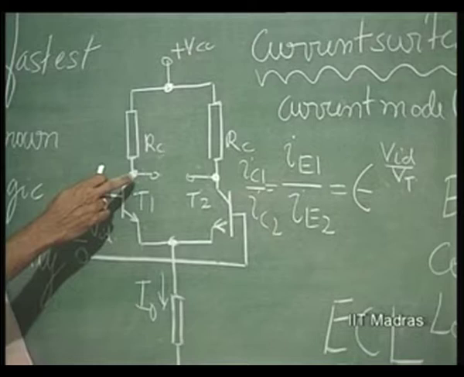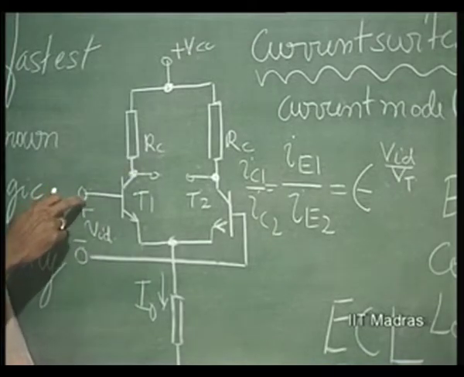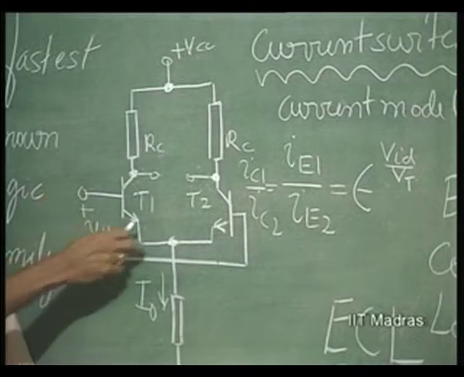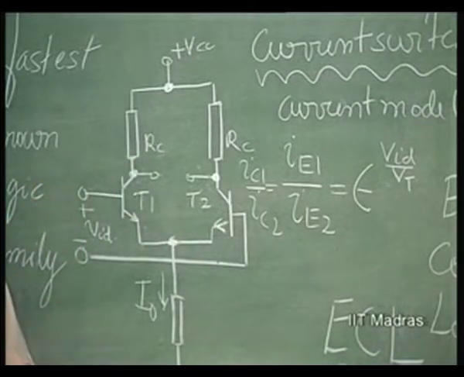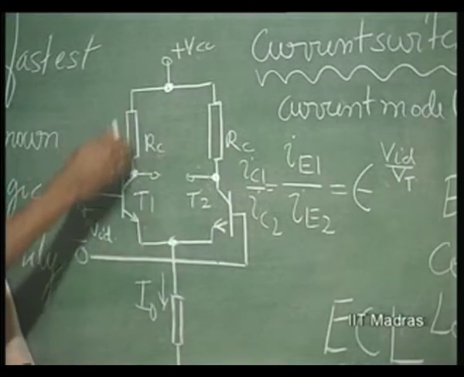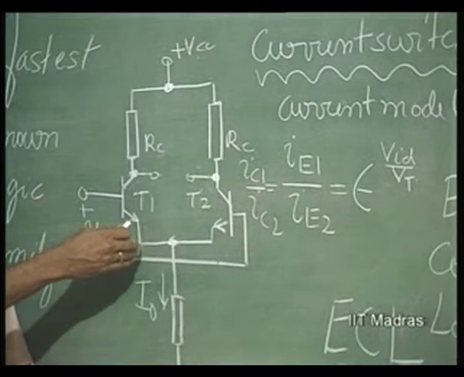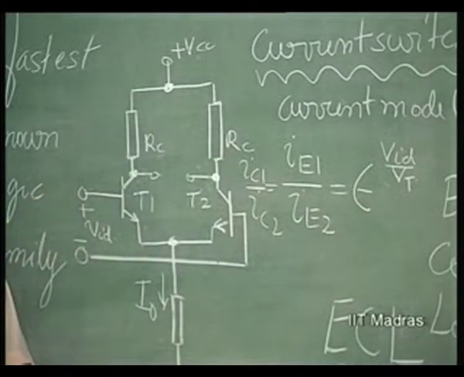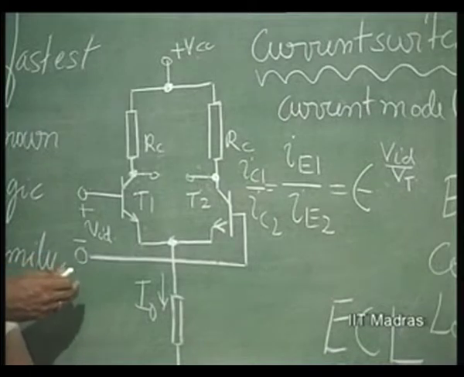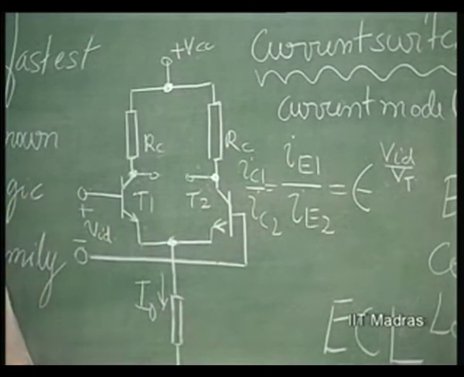That means there should be enough collector to base potential, which is positive in this case, in order to retain T1 in the active region. This is an important aspect. If, when this current is completely switched over to this transistor, it goes to saturation, everything is lost. It has to come out of saturation before it can really respond to the input signal. That causes a certain amount of delay.